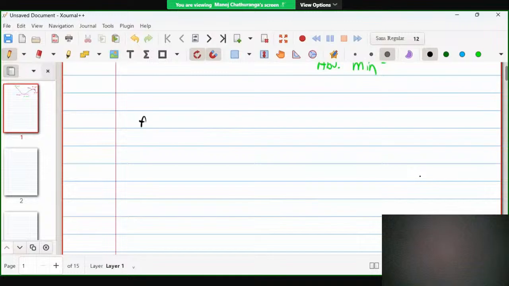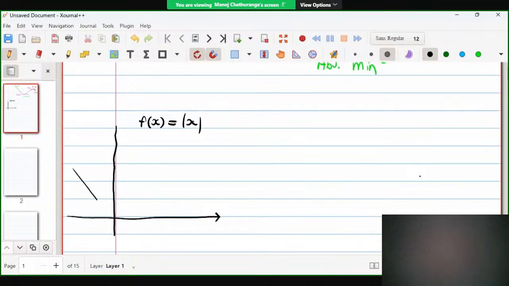Think about the graph of the absolute value of x. Absolute value means you take the number without considering its sign. You change all the minus signs to plus signs.